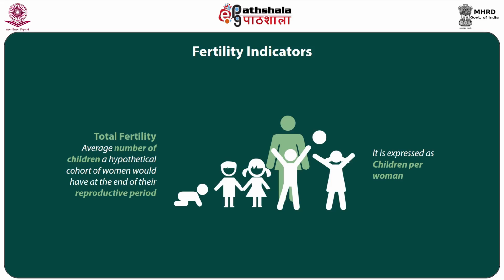It is always expressed as number of children per woman. If we say that the total fertility rate in a country is 2, that means a woman in that country on an average will have 2 children in her lifetime.